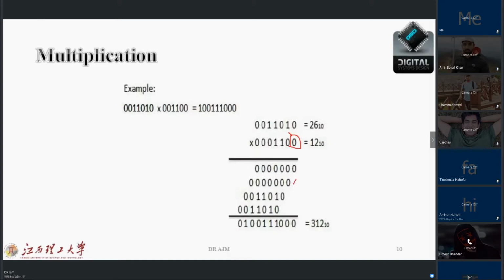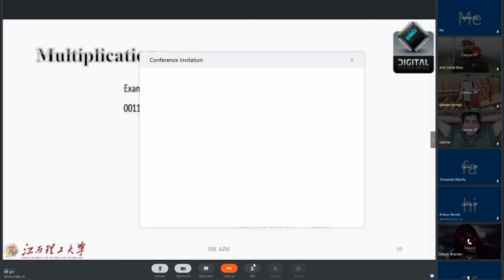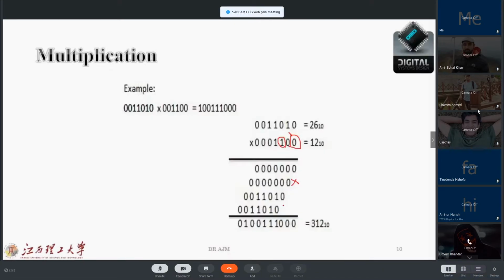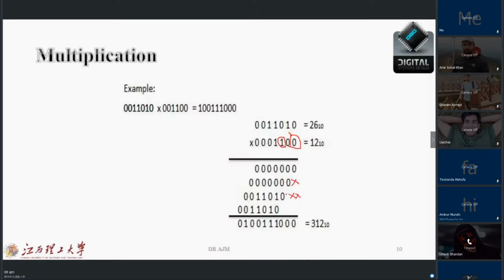Then I will put two places for the 0, and then do the multiplication for our number. Then I have three parts, and we will continue for that. Then after that, we will do the summation for all the parts, and simply we will find that the answer will come up. Then you will see that multiplication is not difficult with the numbers.